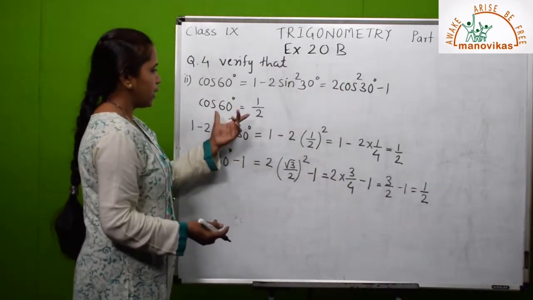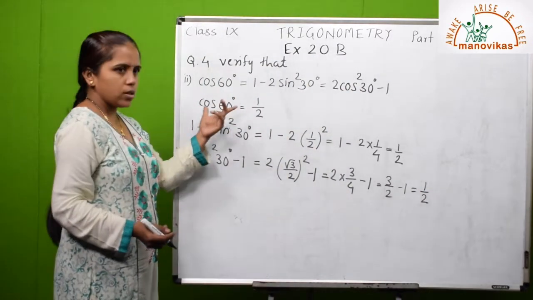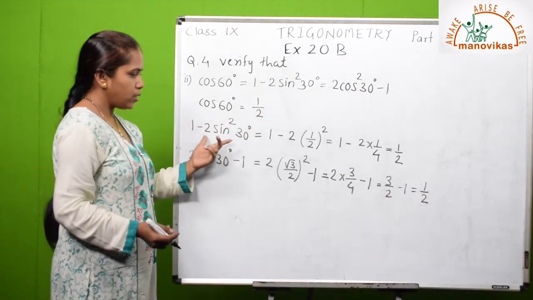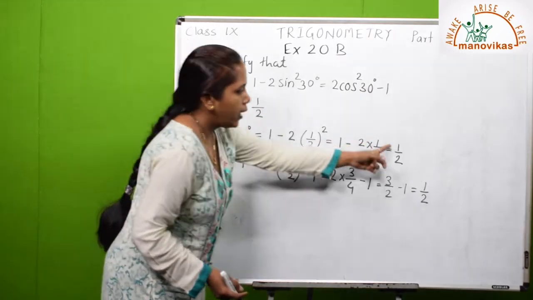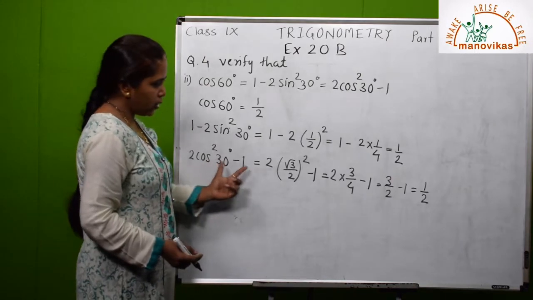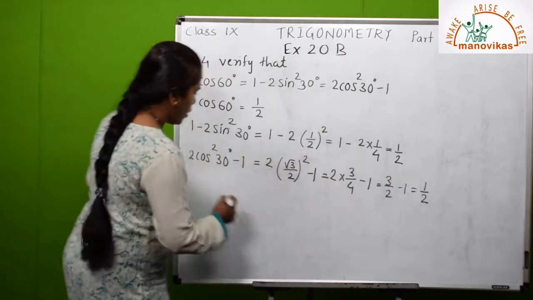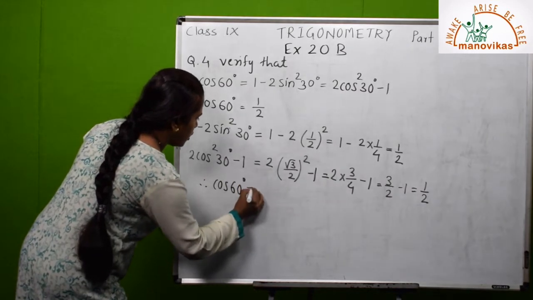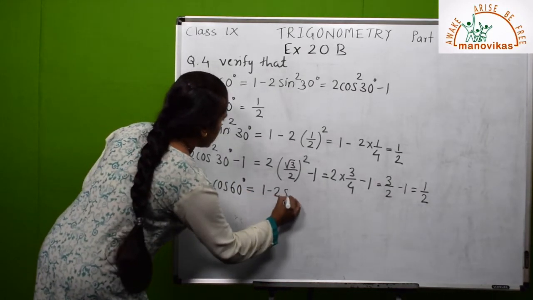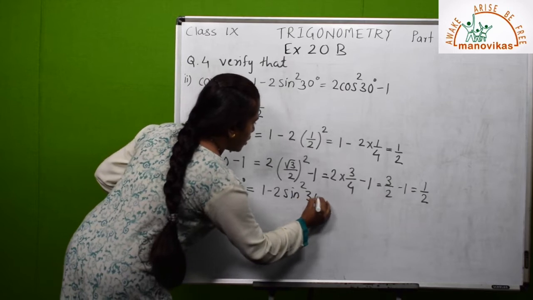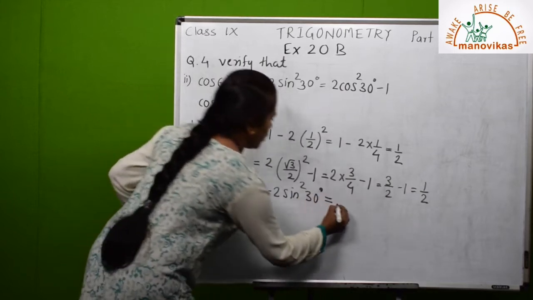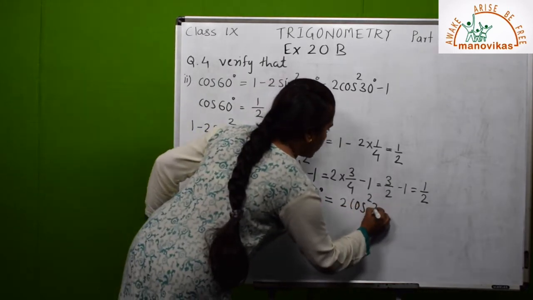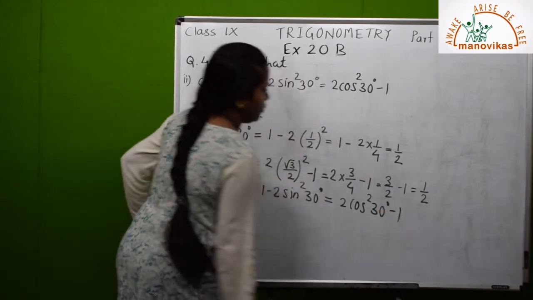So if you look at the three parts, cos 60 value is half, 1 minus 2 sin square 30 degree is half, 2 cos square 30 minus 1 is equal to half. Therefore, it is verified that cos 60 degree is equal to 1 minus 2 sin square 30 degree, which is equal to 2 cos square 30 degree minus 1.